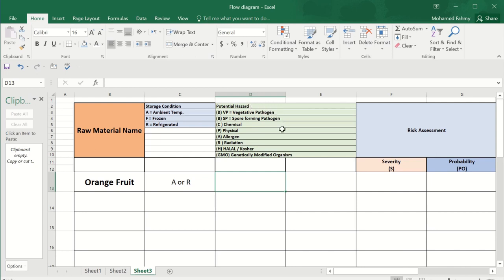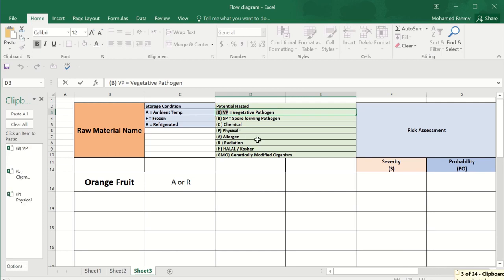We'll write physical and chemical, copy, then the biological, allergen, radiation, halal, kosher, and GMO.